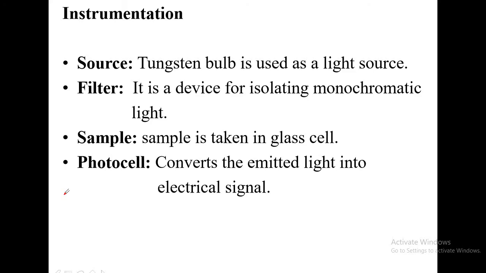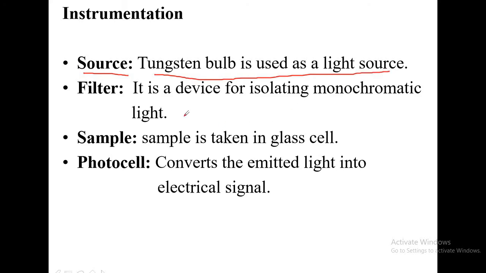For that, what is the instrumentation required? In colorimetric determination of copper, or any colorimetric determination for that matter, we need a white light source, that is a visible source of light, and generally a tungsten bulb is used.